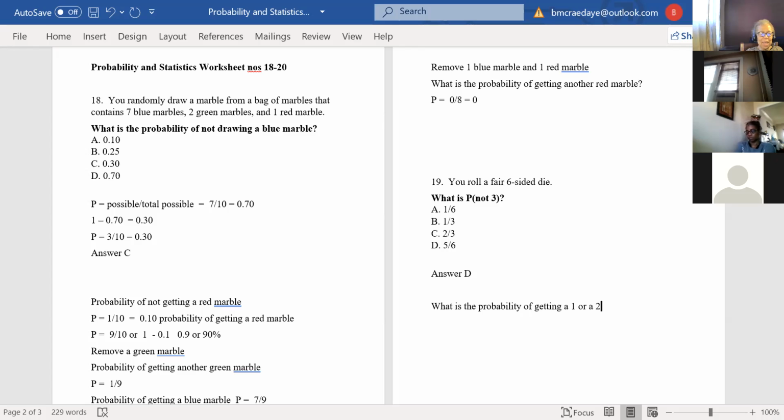When you roll the die, what's the probability of getting a 1 or a 2? What's the probability of getting a 1? 1/6. What's the probability of getting a 2? There's only one 2 and there's only one 1.